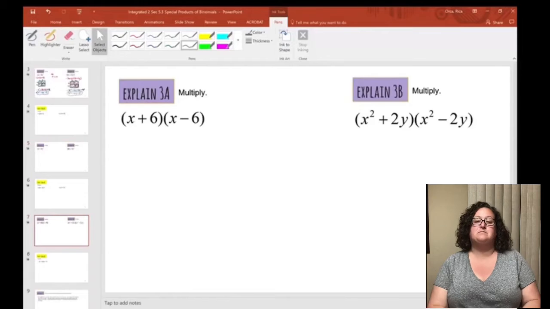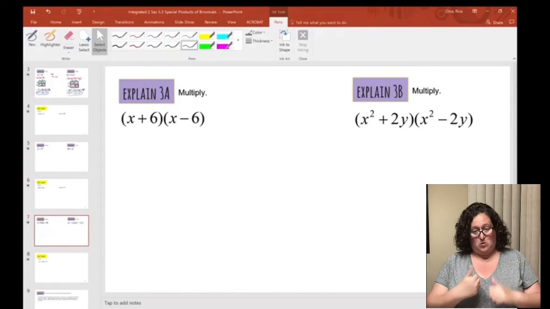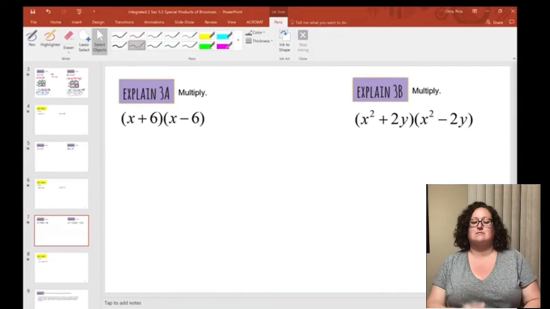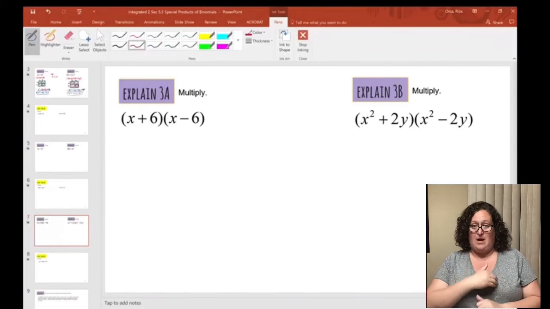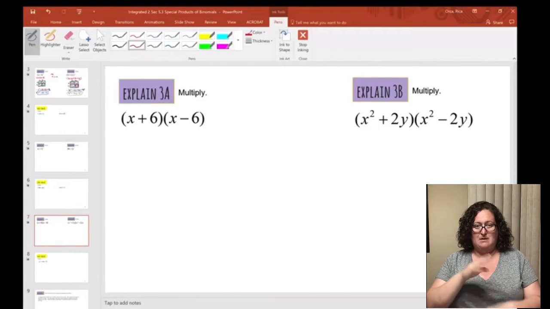Okay, class, here's another problem. We have x plus 6 times x minus 6. So for this problem, we have a binomial times a binomial. Let's use the box method to multiply this together.